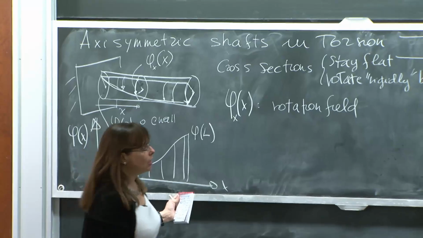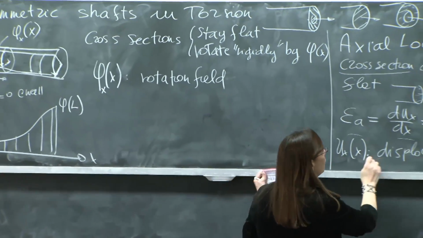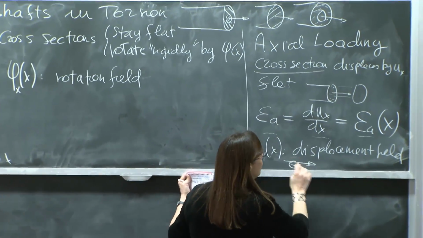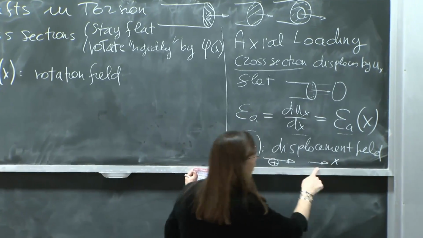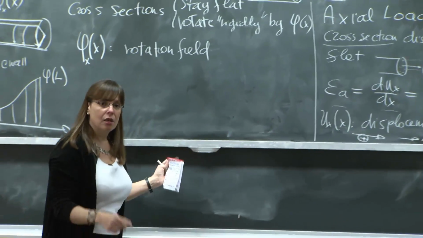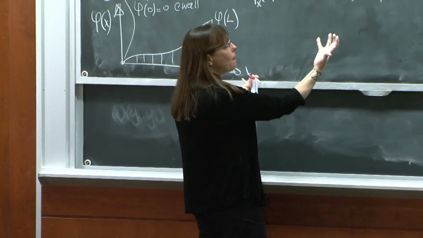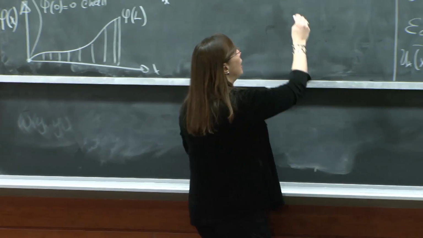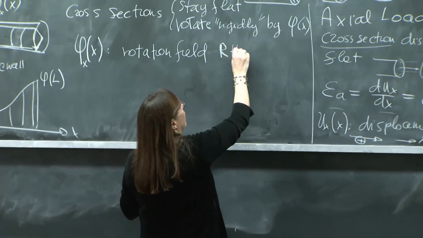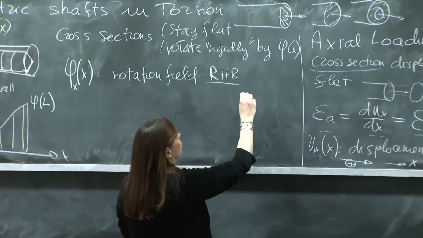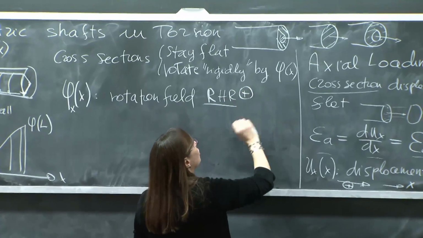And indeed, remember that ux is positive with x, right? So ux is positive if it goes along x. Phi x of x is positive if it is a positive rotation with the right-hand rule that rules torsion, positive with x.